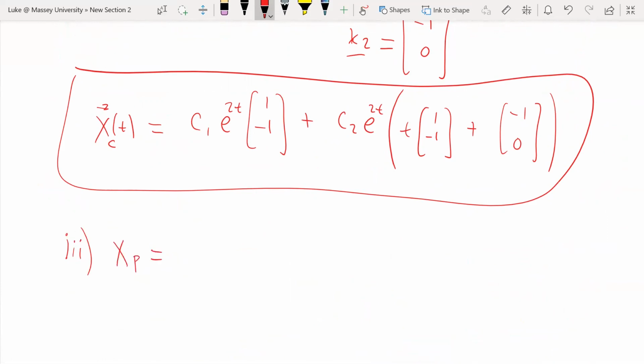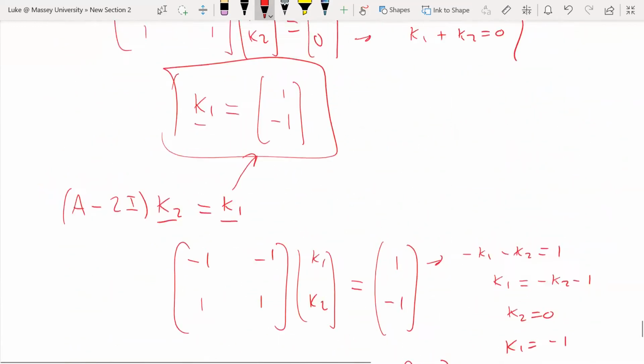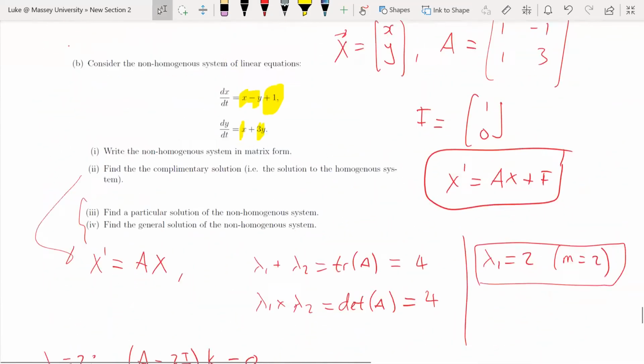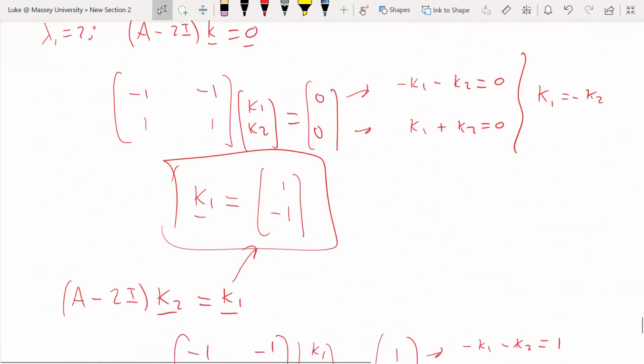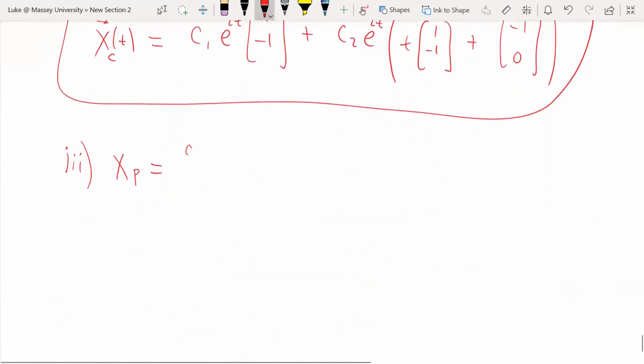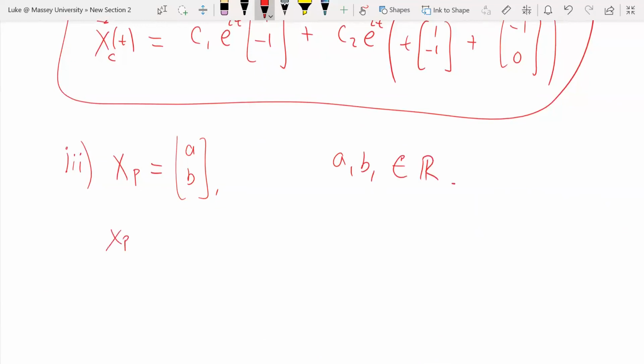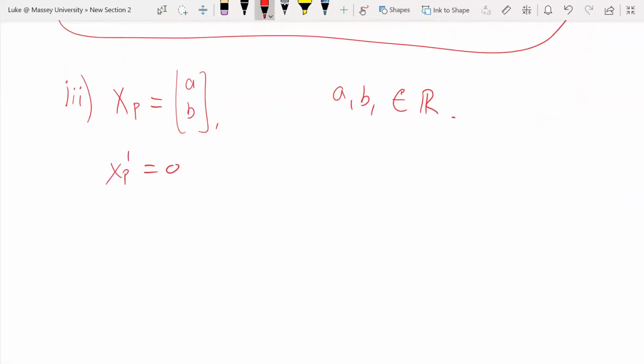My non-homogeneous function was just the constant vector 1, 0. So I'm just going to try xp equals a, b, where a and b are just some real numbers. xp prime then, of course, is equal to 0. And I can use those in my ODE.